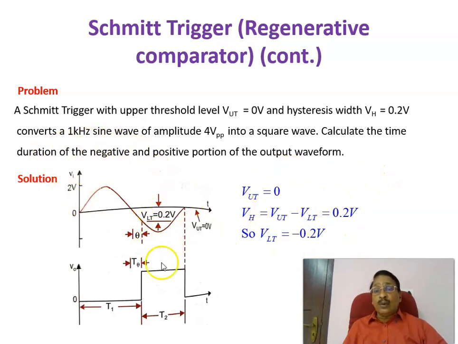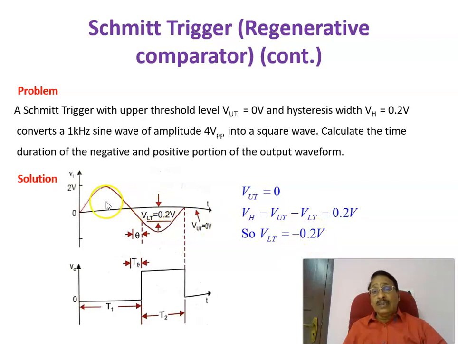Now here the upper threshold voltage is 0 and the lower threshold voltage is minus 0.2. Consider that the peak voltage is 2 volt and this is minus 2 volt.